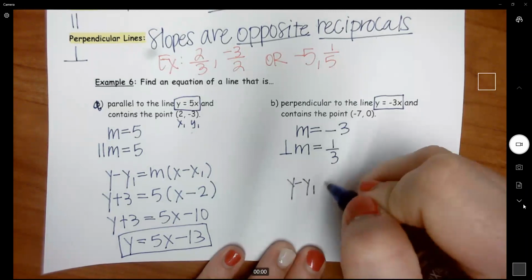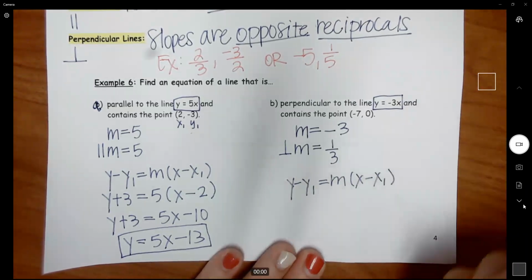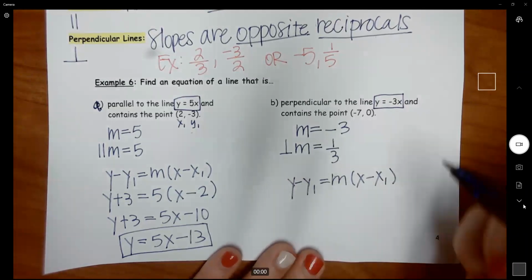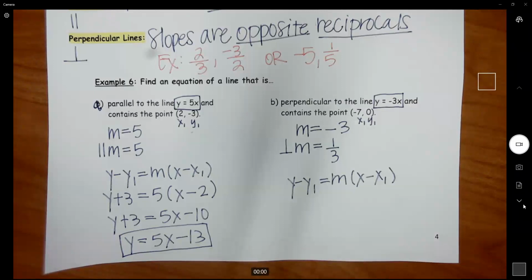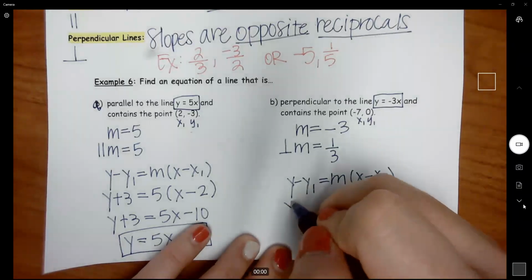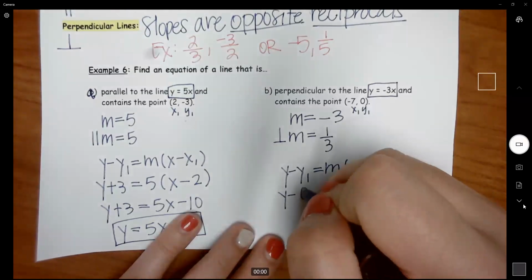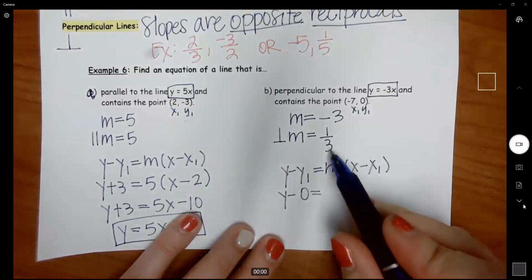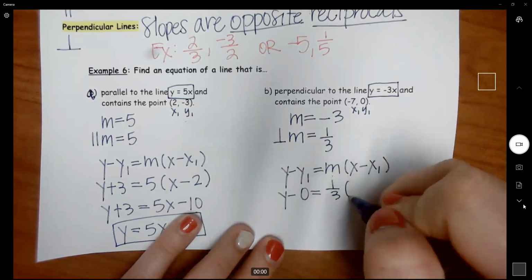So if I put this into my point slope formula, because now I have a slope and I have a point here. Here's my x1, y1. We have y minus y1, which is 0. My slope is my perpendicular slope, so 1/3.